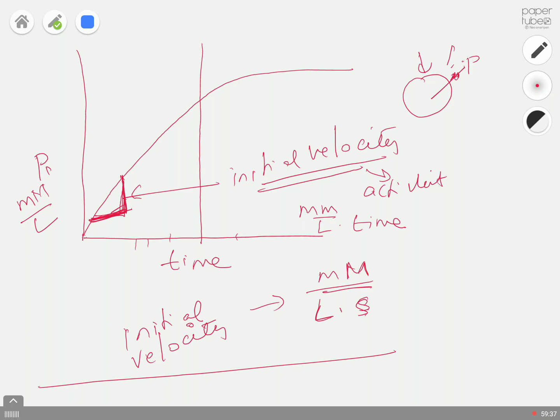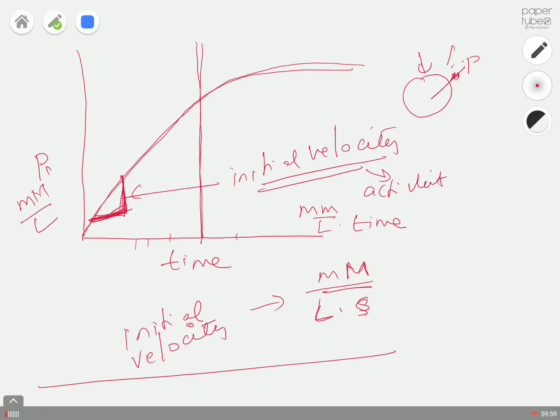Now let's try to solve the problem. We performed a biological enzymatic reaction and got a result like this, product versus time, and we took the slope of this initial linear region and calculated the initial velocity.